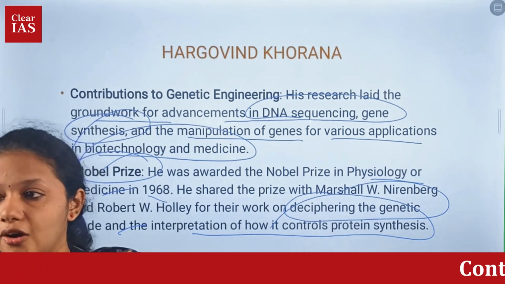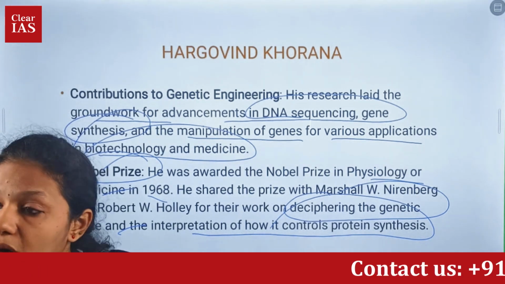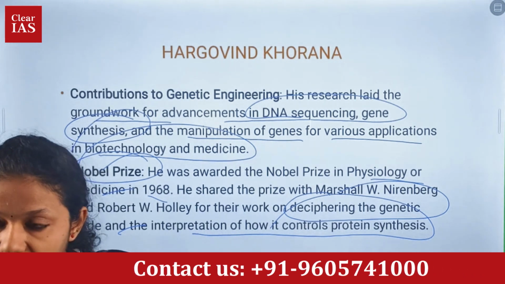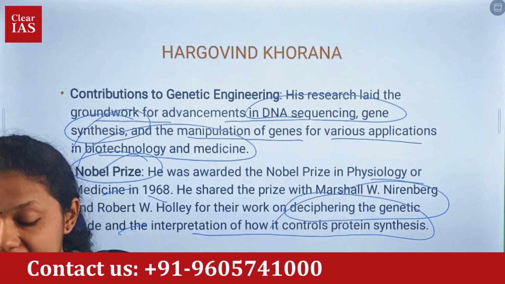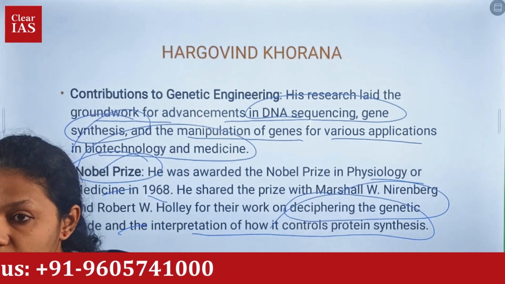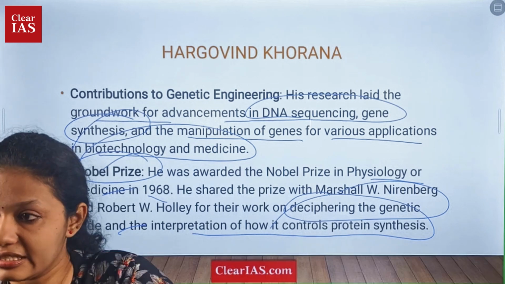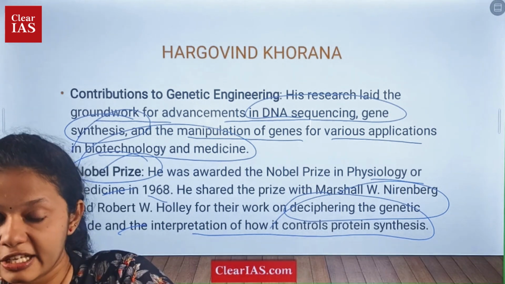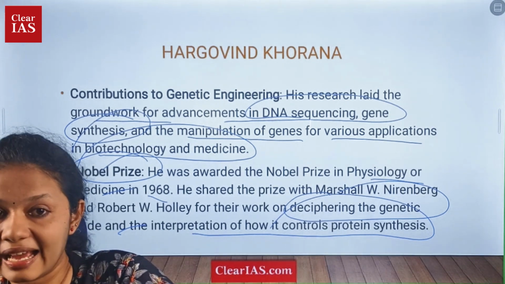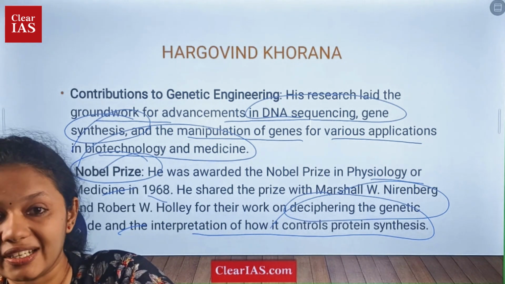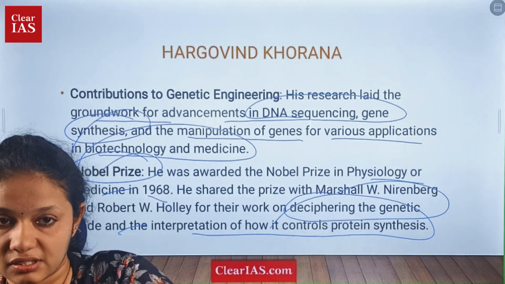For example, BT cotton. BT cotton is the only commercially accepted genetically modified crop in the country. Here, the cotton was added with a specific gene from BT. BT is Bacillus thuringiensis, a bacillus bacteria. The specific gene was added into the cotton for what purpose? To protect it from bollworms.